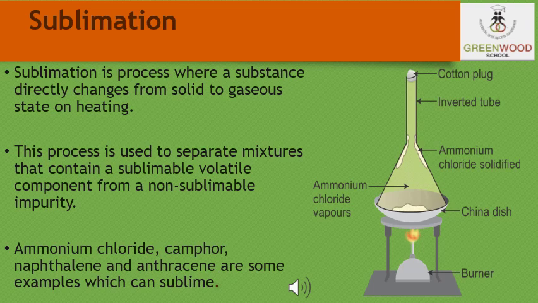A mixture containing such a solid with any other solid can be separated by sublimation. Examples of solids that sublime are camphor, ammonium chloride, naphthalene, iodine, etc. Sublimation is used to separate mixtures that contain a sublimable volatile component from a non-sublimable impurity. For example, a mixture of common salt and camphor can be separated using this technique.